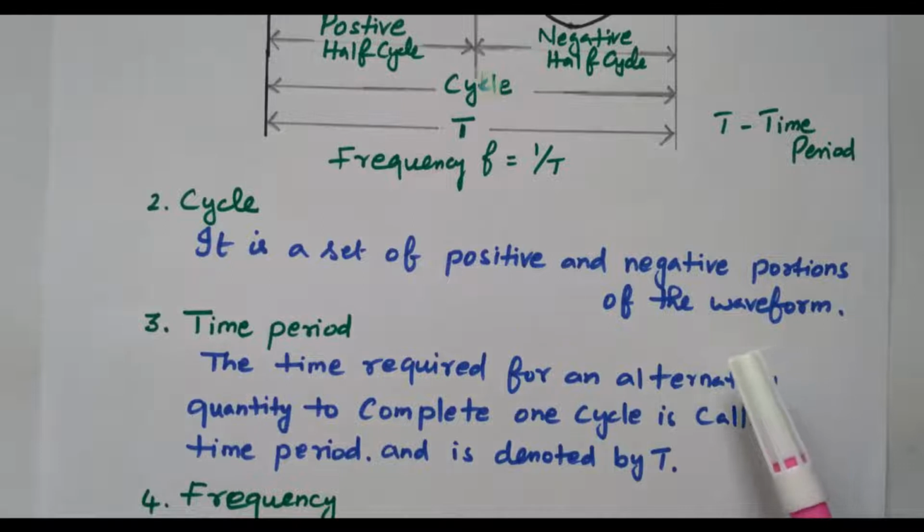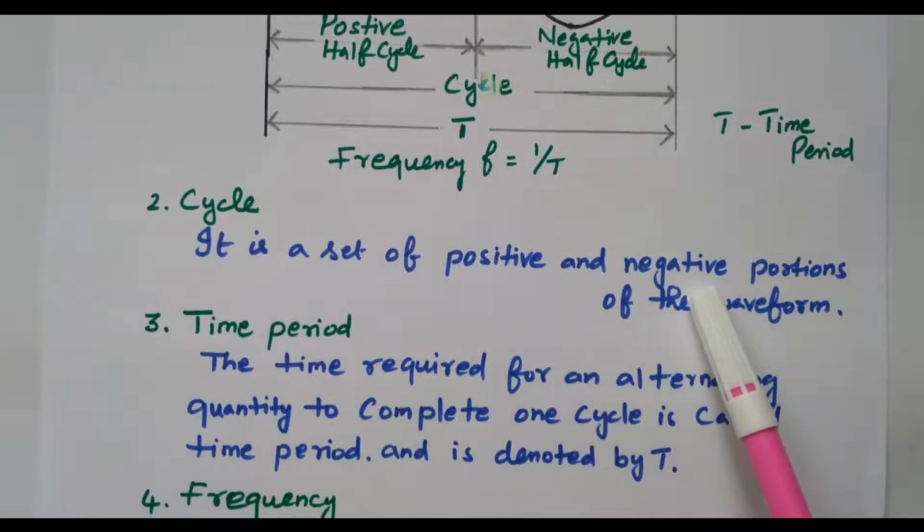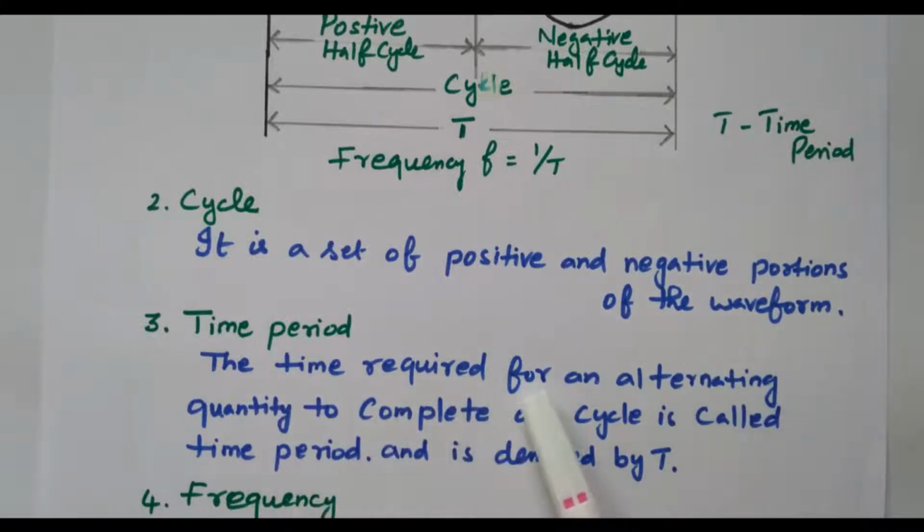One cycle means completing one positive cycle as well as negative cycle. Then what is time period? The time required for an alternating quantity to complete one cycle, one cycle meaning positive as well as negative, is called the time period. It is denoted by T. Completing this positive and negative is called the time period.